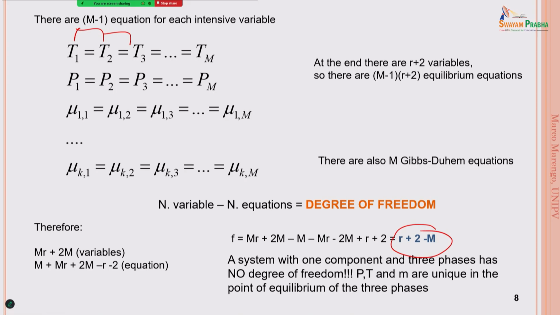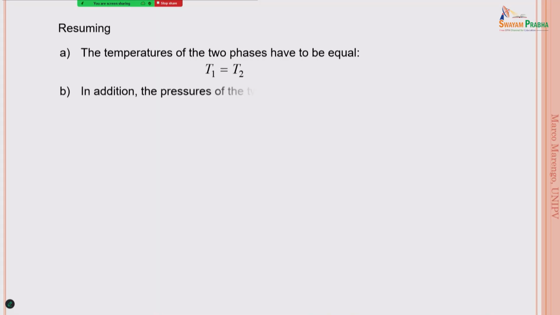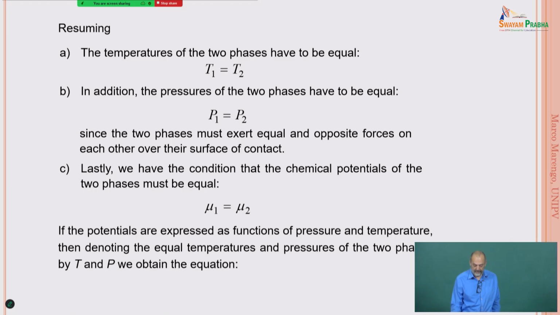So in this sense, the pressure, temperature, and chemical potential, this is not an m, but a mu, sorry, are unique. So we have only one point. In fact, it's the so-called triple point. Okay? So the temperature must be equal, the pressure must be equal, and the chemical potential must be equal.